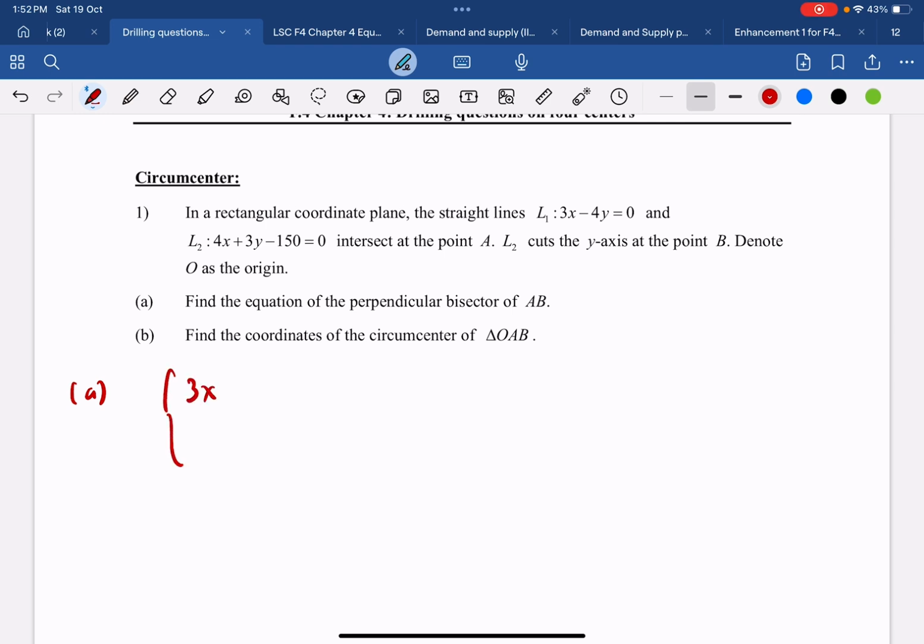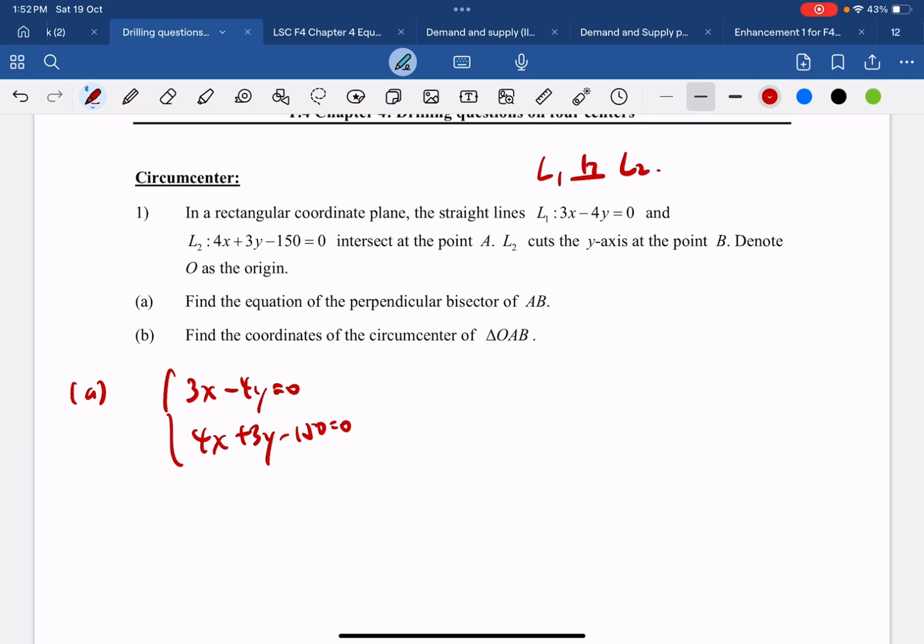Intersection, so I will use simultaneous equations, right? And maybe you can build up some mathematical sense. L1 is 3x plus 4y, and L2 is 4x plus 3y. It already implies that L1 is perpendicular to L2. You can check the slope.